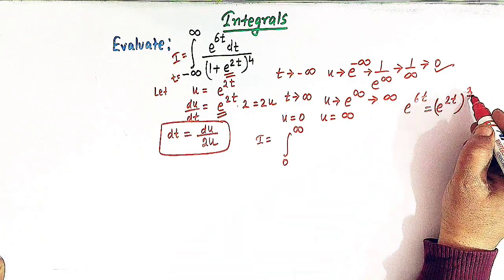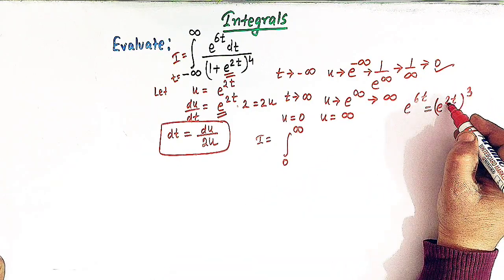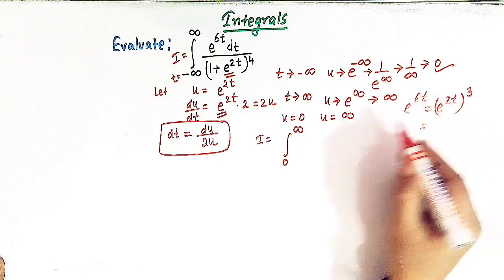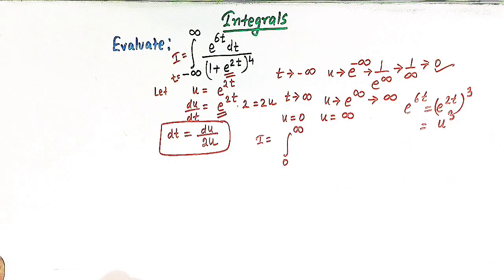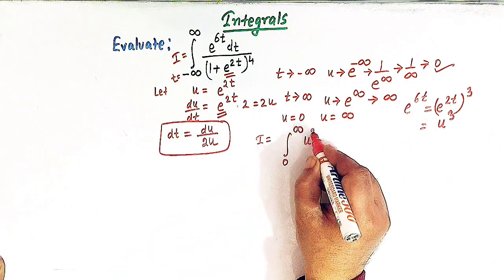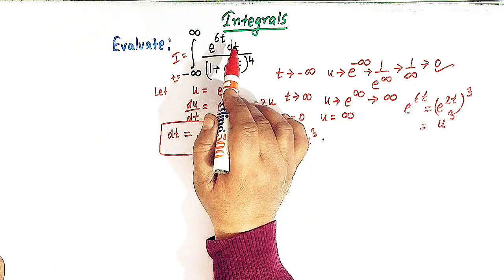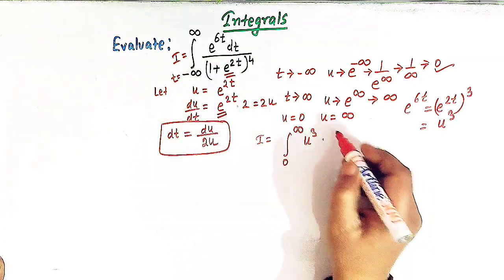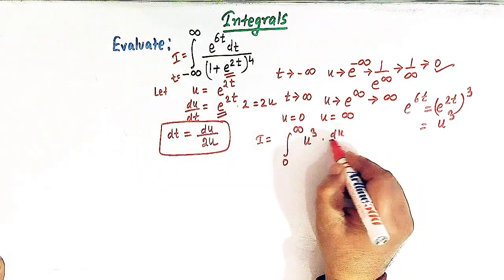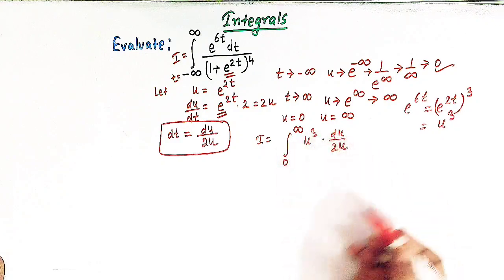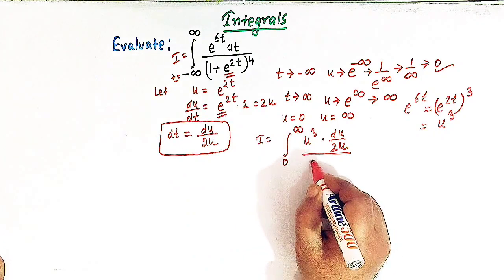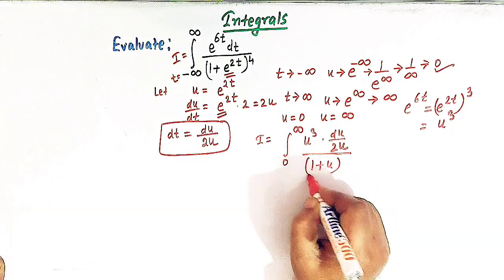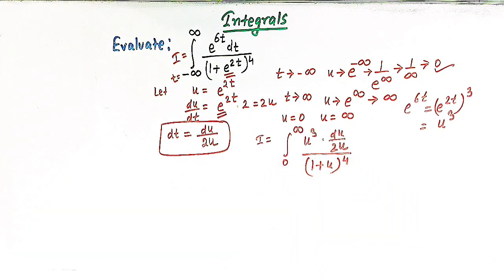By rules of exponents, this is 3 times 2 is 6, so e raised to 2t is u, so we have u cube, right? And then for dt we can write du over 2 times u, and in the denominator we have 1 plus u raised to 4.